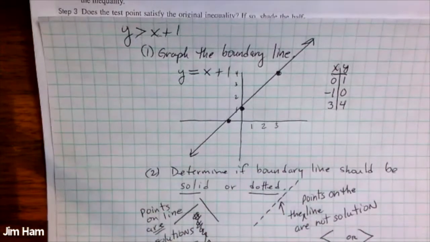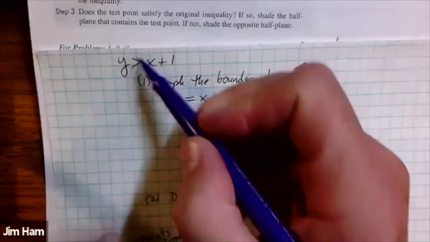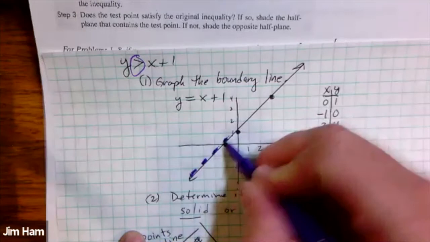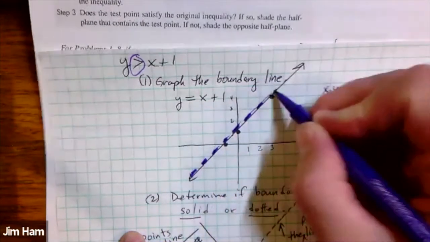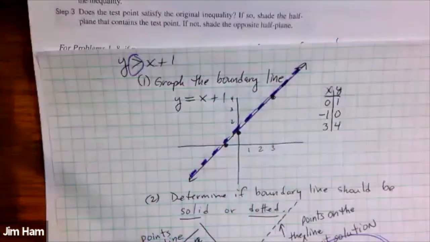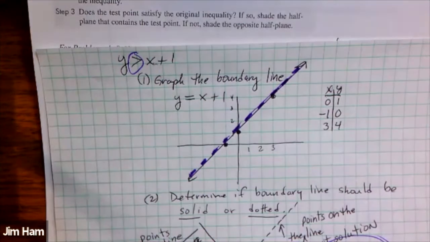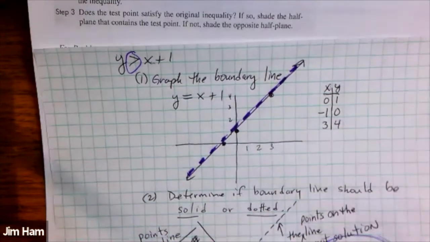And so whenever you have strictly less than or greater than, in this case greater than, this line is going to be dotted and not solid. So that's one of the things you're always going to have to decide: is the boundary line dotted or solid? If dotted, points on the line are not solutions. If solid, points on the line are solutions.